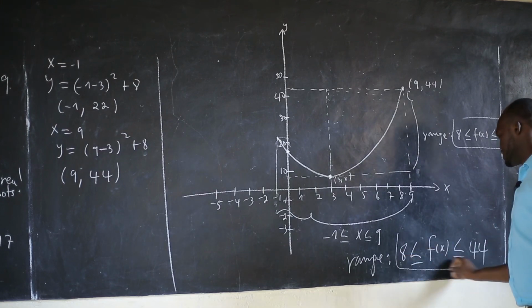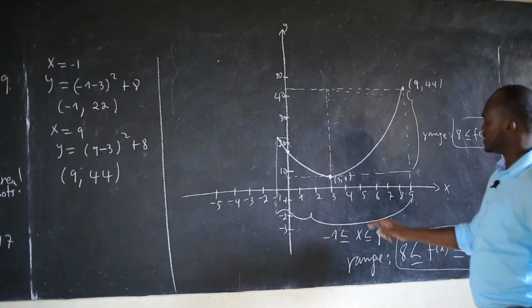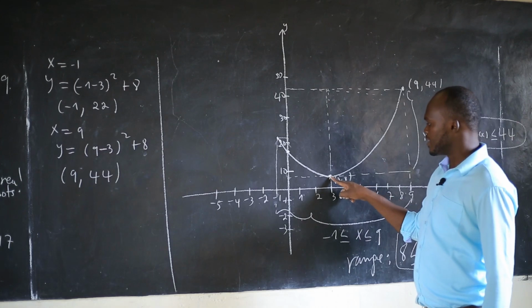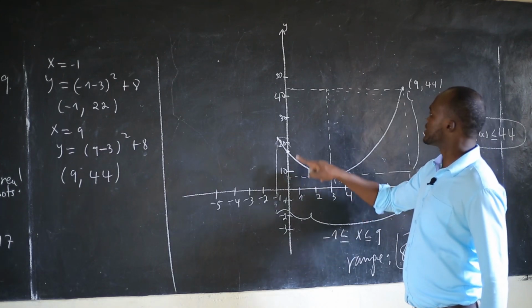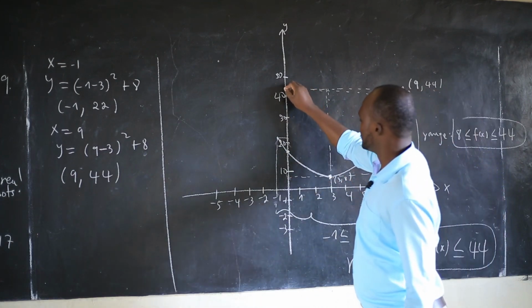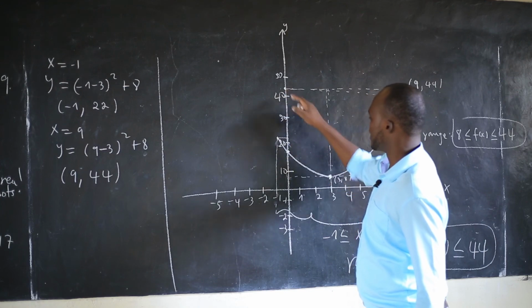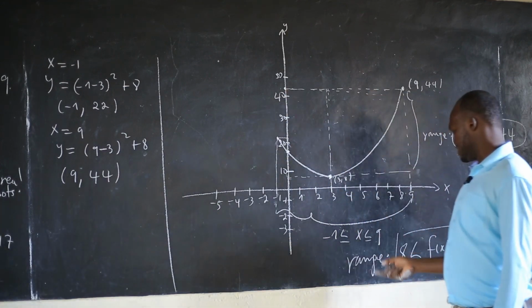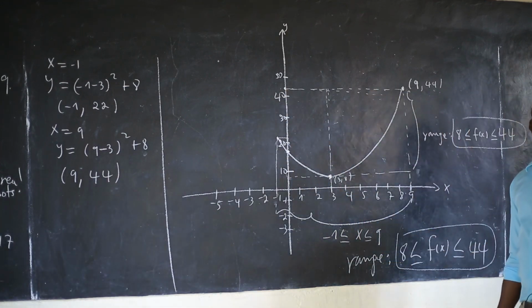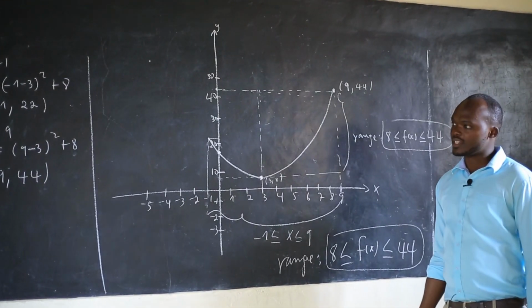Because the minimum value of y here is 8 and the maximum value is 44. It's from here to there. So that's the range, and we have the given domain. I hope you don't have any question from there. So let us go to number 3.